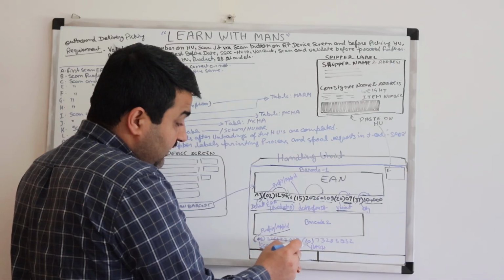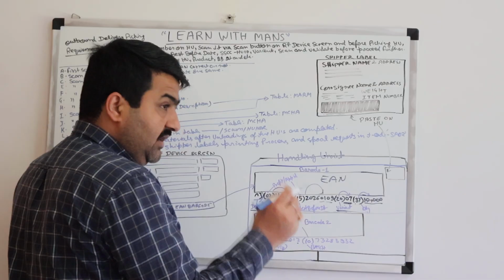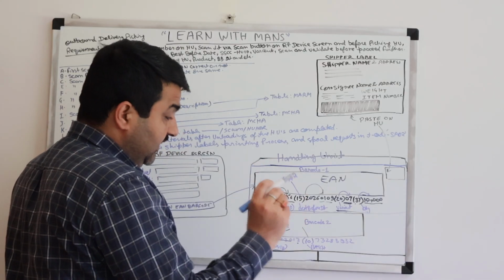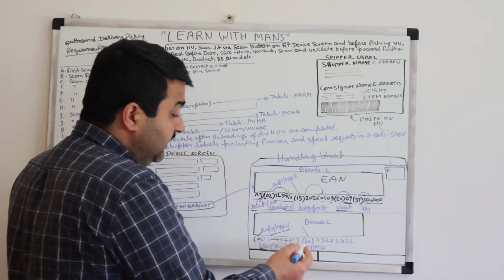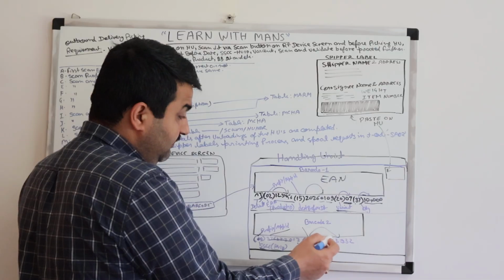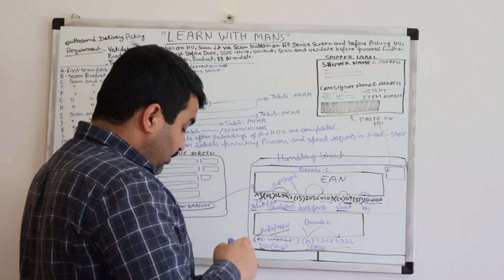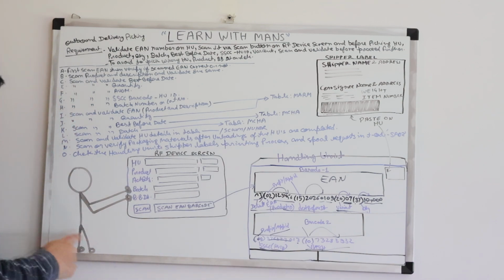Then I have, in the bracket, 10 and 1000, both are prefixes or application IDs, which are the pillars of the barcodes. The 10 in the bracket is the lot number or batch number. So suppose he is the warehouse worker.